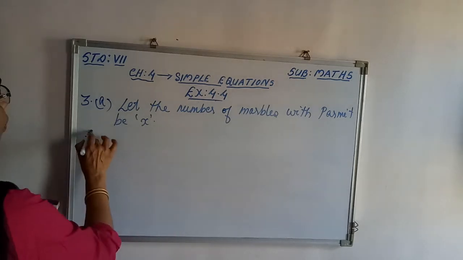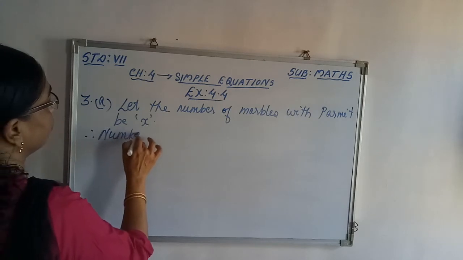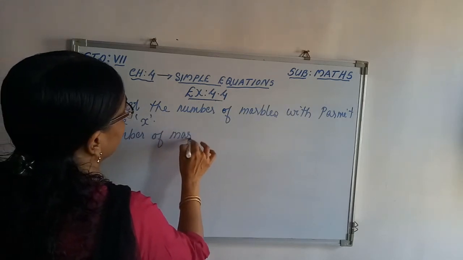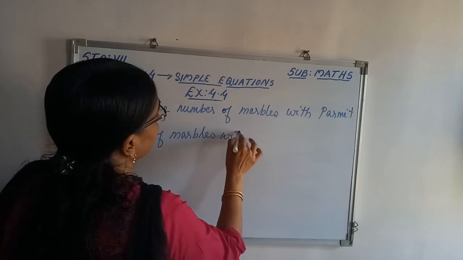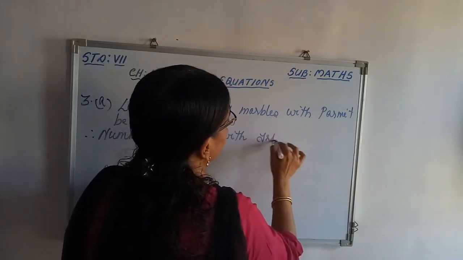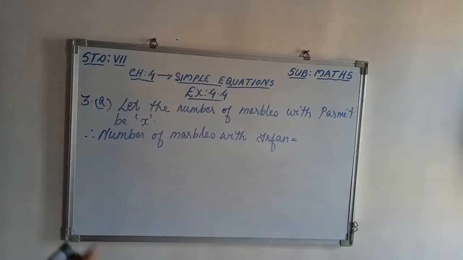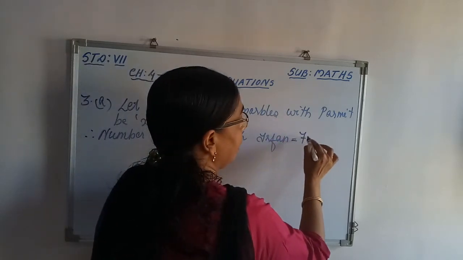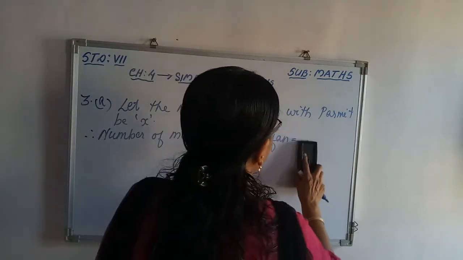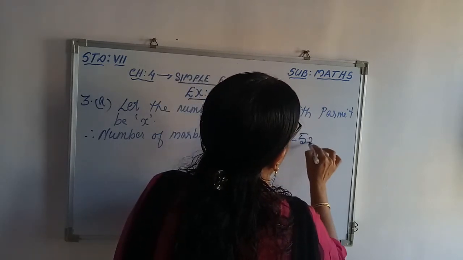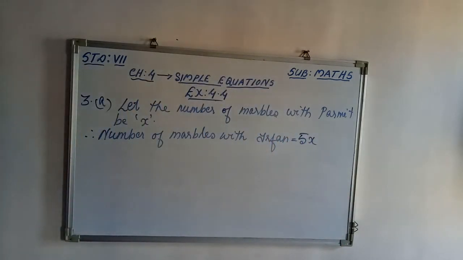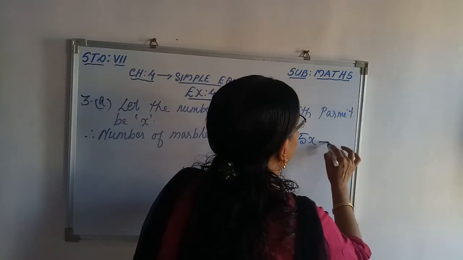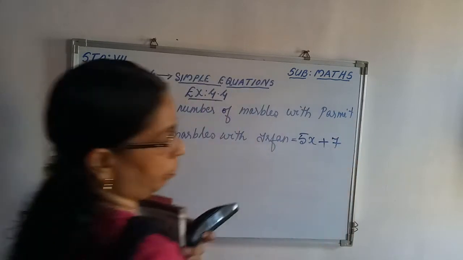Therefore, number of marbles with Irfan, in terms of Parmeet, is 7 marbles more than 5 times the marbles with Parmeet. 5 times means 5x, plus 7 more. So 5x plus 7.